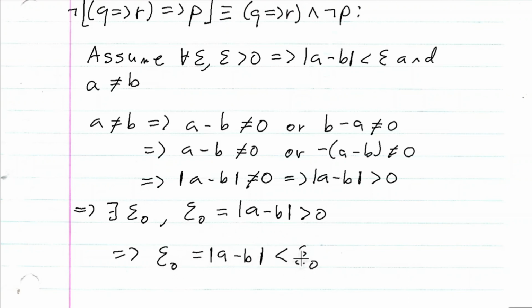You can't have epsilon naught be less than epsilon naught, and that is our contradiction.